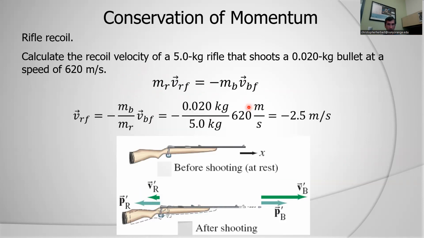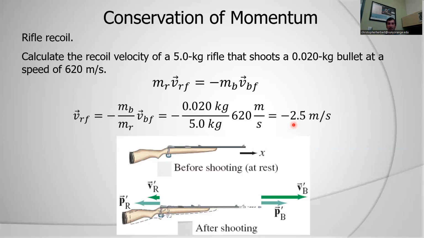So calculating this, we make the momentum of the rifle equal and opposite to the change in momentum of the bullet. Therefore, the bullet is going to be pushed forward, the rifle is going to kick back. If there are no other forces on this rifle, it is going to recoil at negative 2.5 meters per second.